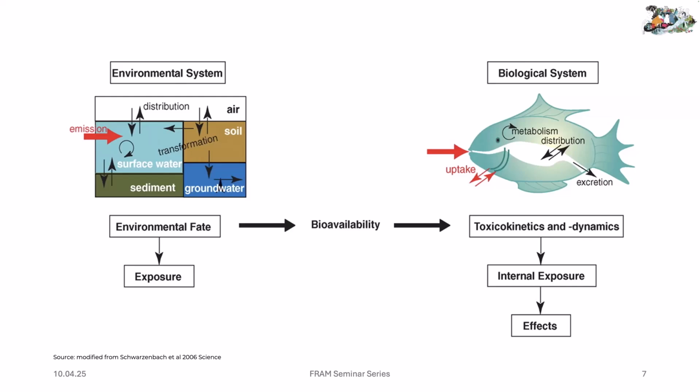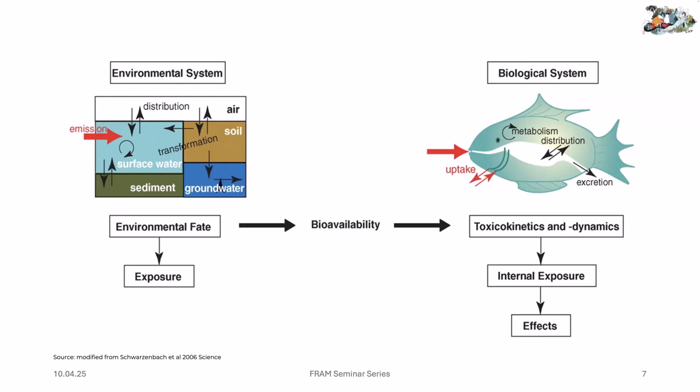Once these chemicals are in the water phase, some of them have the capability to be absorbed by other organisms. Once inside the organism, they undergo toxicokinetic processes, which include absorption, the distribution of that chemical within the organism, the metabolization of these chemicals, and finally their excretion.